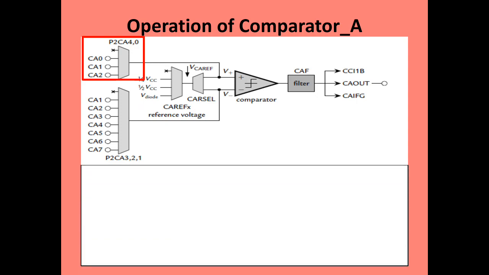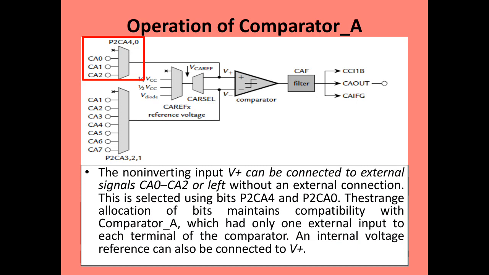And this mux has a connection to the non-inverting terminal of the comparator. See here the inputs are named CA0, CA1, CA2, and we are not providing a connection to one of the input terminals, right?